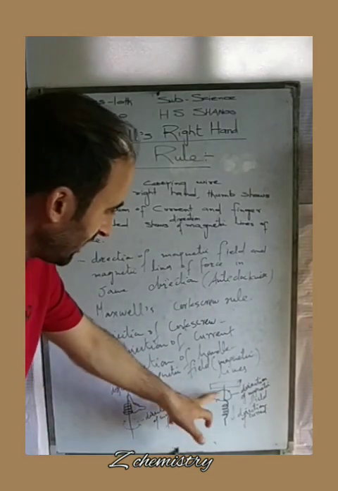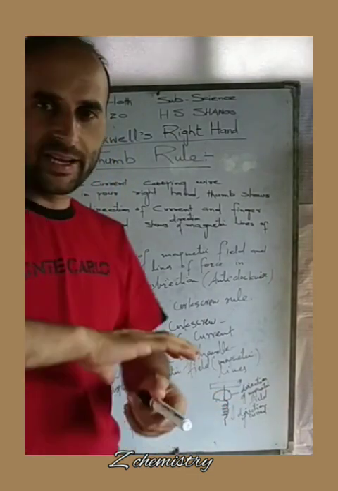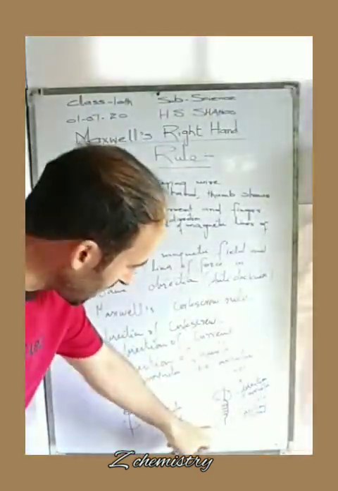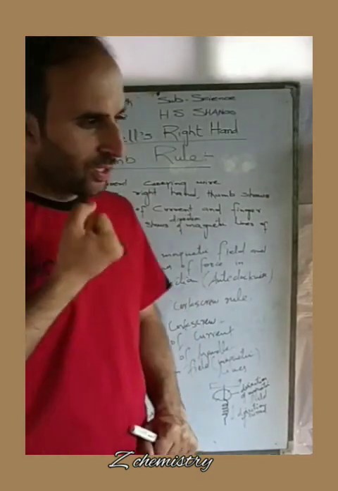In Maxwell's corkscrew rule, the corkscrew actually has two parts. One is its handle, which we hold and rotate, and the other is the screw part. Suppose we are trying to drive this corkscrew into any substance, or rotate it in the clockwise direction.